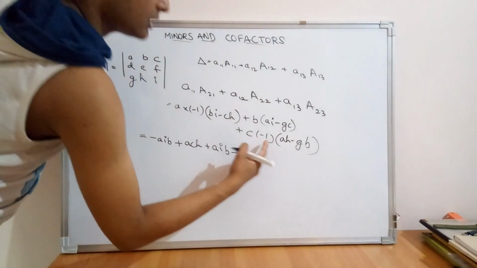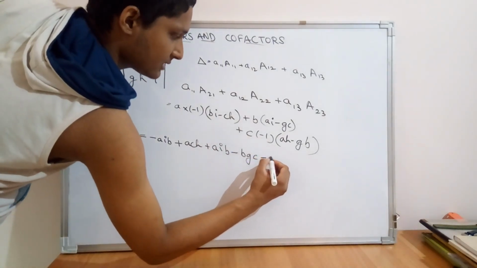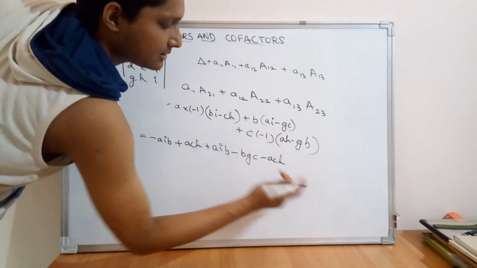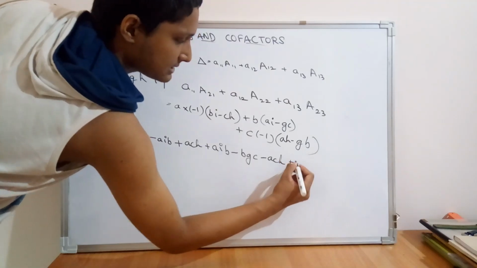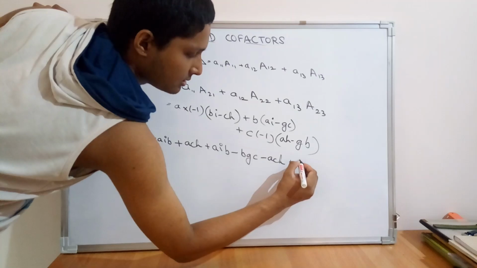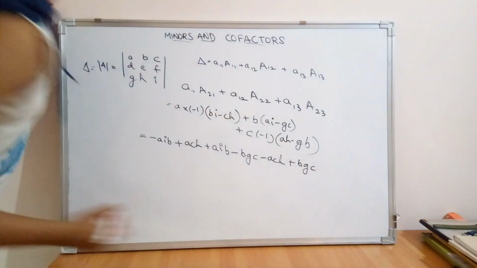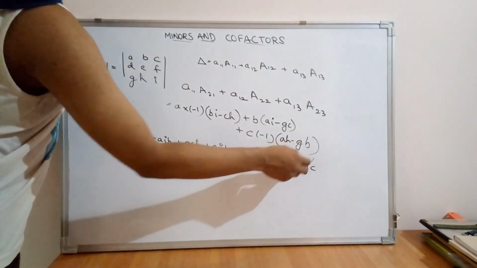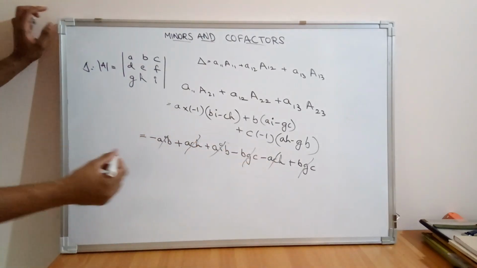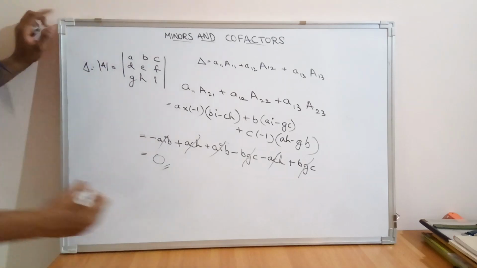Okay, now we have minus ach, and one minus here, then minus of minus is plus. Now it is going to be bgc, okay, cut, all cut, going to be 0.